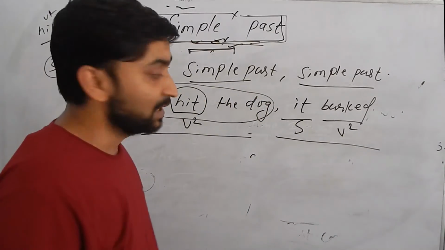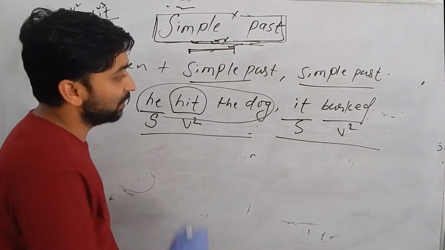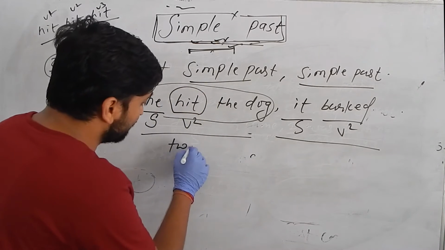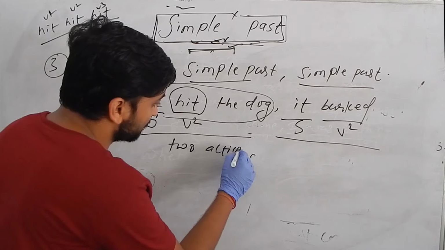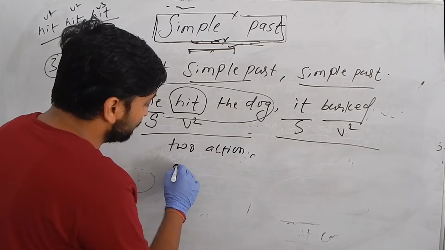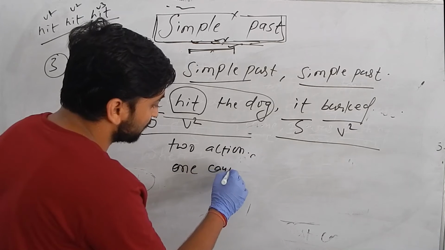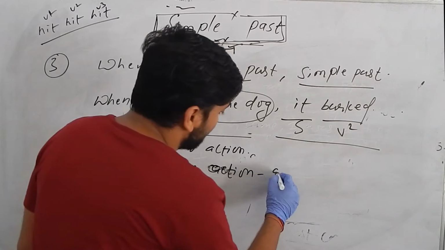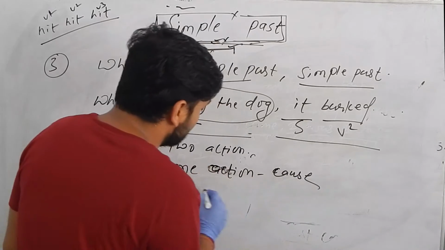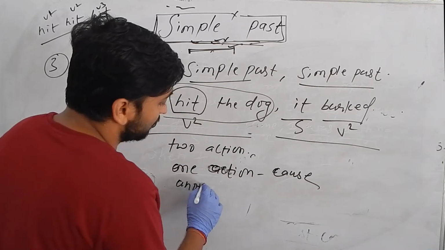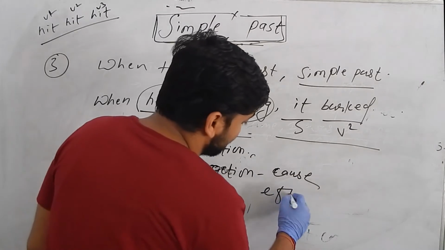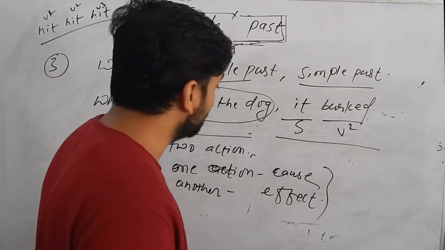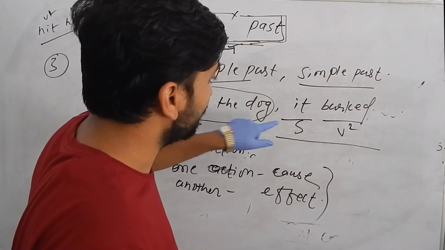How does it happen? So actually, when he hit the dog, it barked. So actually both two actions are here also. Here also two actions, and one action is the cause, another action is the effect. Here we need to understand that the rule of science applies. When he hit the dog, it barked.